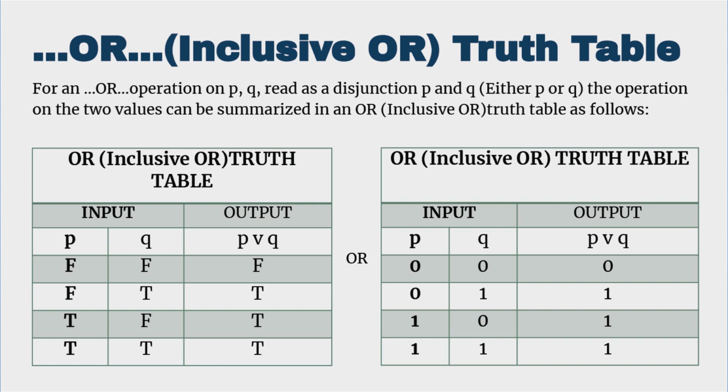We have a standard evaluation mechanism for an either-or: whenever an either-or operation is carried out on certain input truth values, the result will always be true whenever there is any true value in the input. Otherwise, it is false.